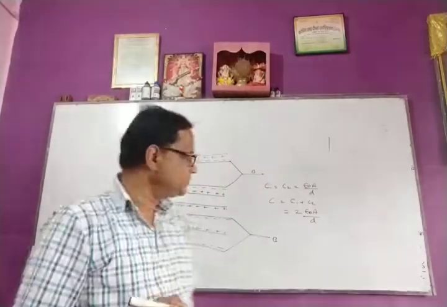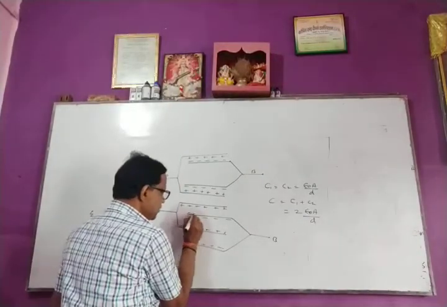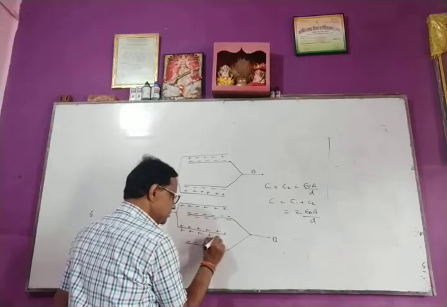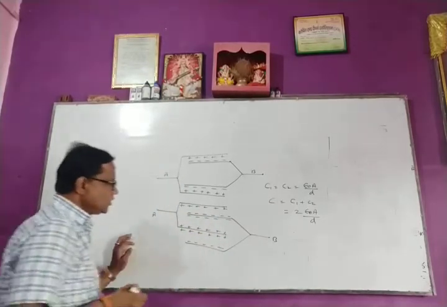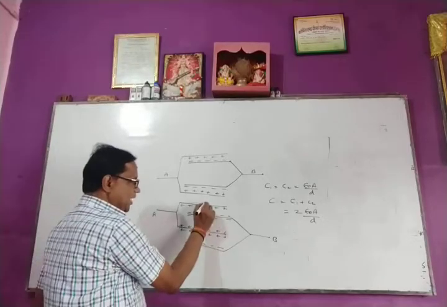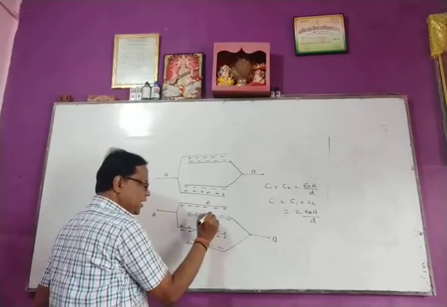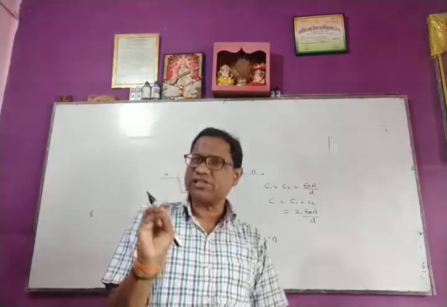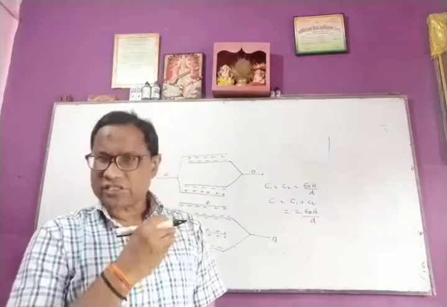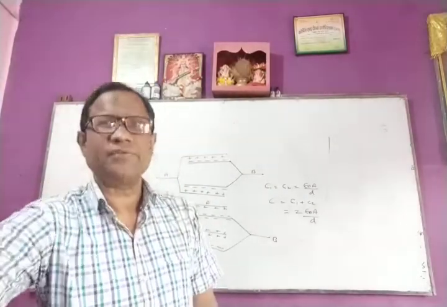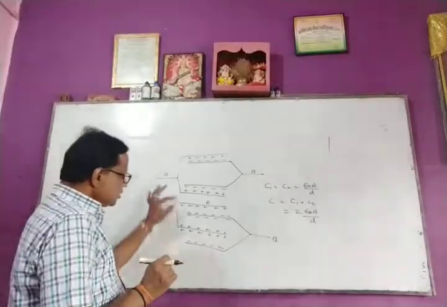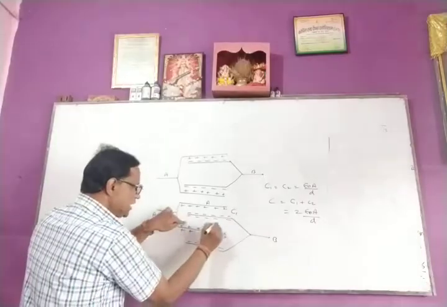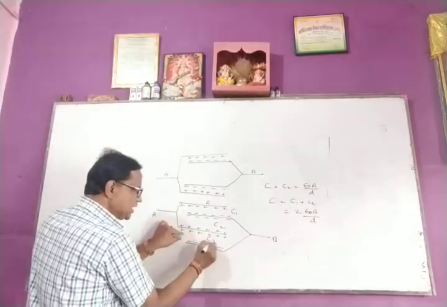Now another figure, plus plus, and in such case minus minus minus minus minus, plus plus plus plus plus plus. So first capacitor area A, all plates having same area A and separation between the plates is D. In this given circuit, first capacitor C1, second capacitor C2, third capacitor C3.